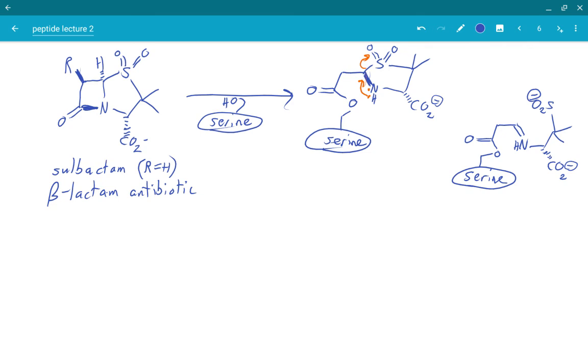So this becomes a sulfite leaving group, giving me a positively charged nitrogen.